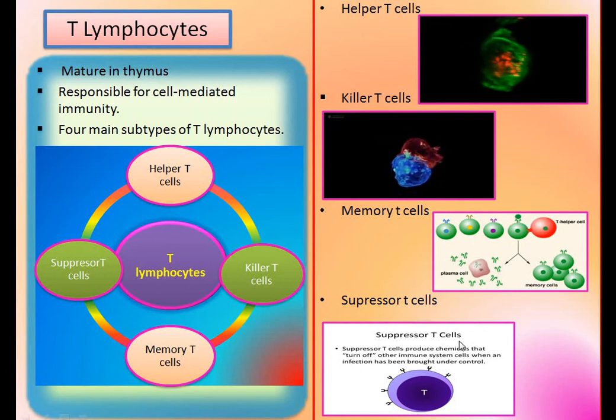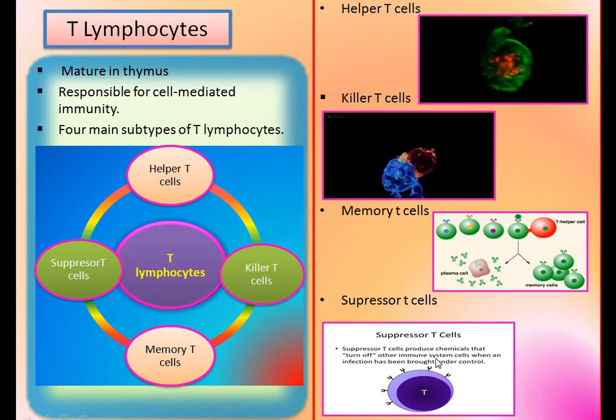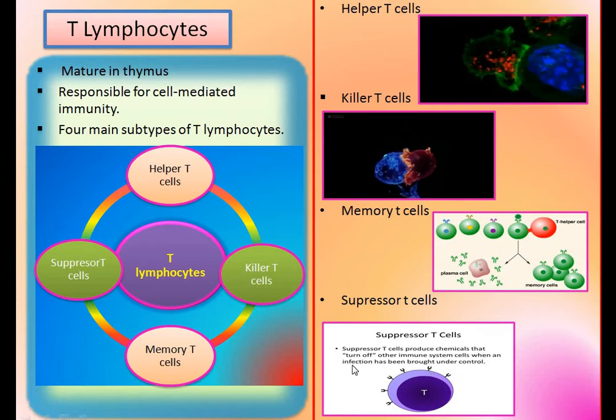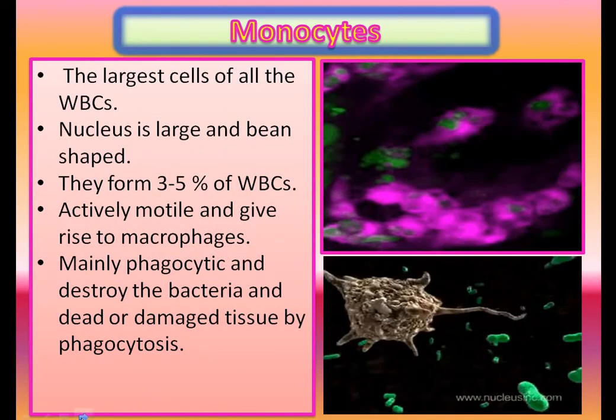And this is the suppressor T cells. Suppressor T cells produce chemicals that turn off other immune system cells when an infection has been brought under control. These are the types of T lymphocytes.